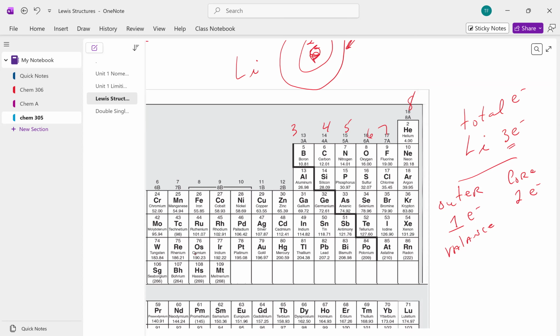So there's only 2 kinds of electrons, core and valence. Valence are the ones where all the chemistry takes place. Core are extremely stable, and the valence are unstable.